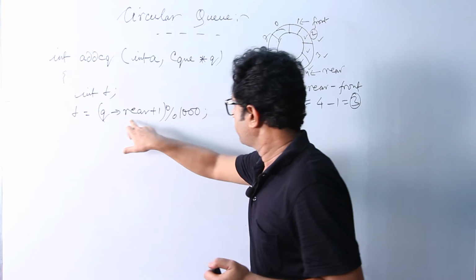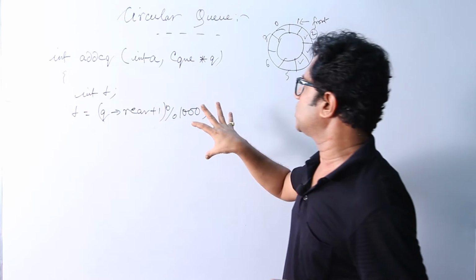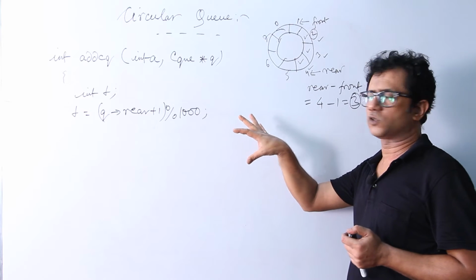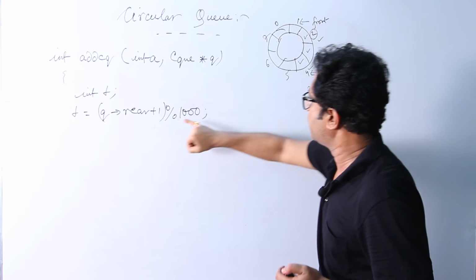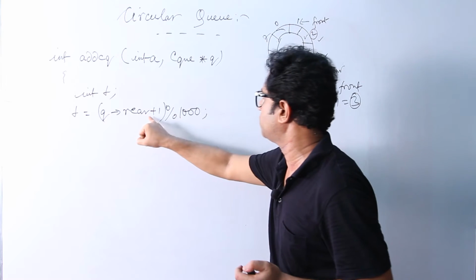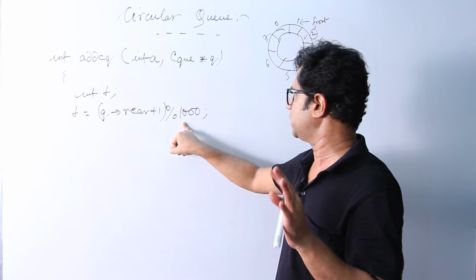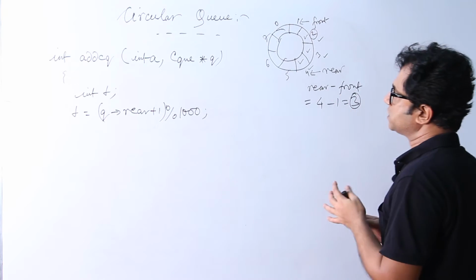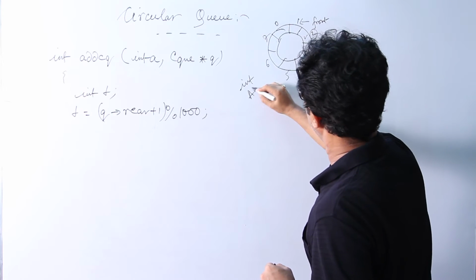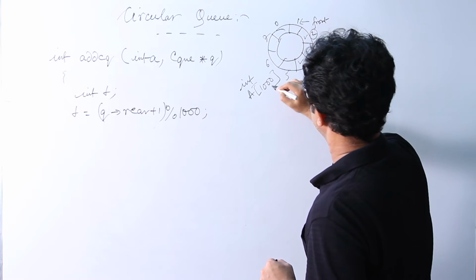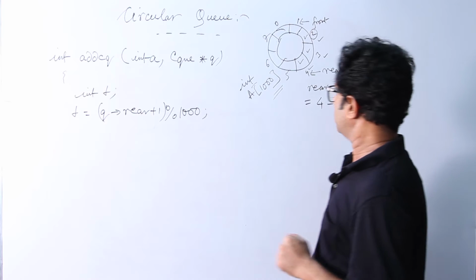So we are incrementing this q rear plus 1, but we are doing this increment operation not in a straightforward fashion because we are dealing with a circular queue. So we are incrementing this q rear position by unity, but modulo 1000. Why 1000? It could have been any other value as well. But since we have taken our array to be having a maximum of 1000 elements, I've used this maximum size which we have used in the dimension declaration of the array.